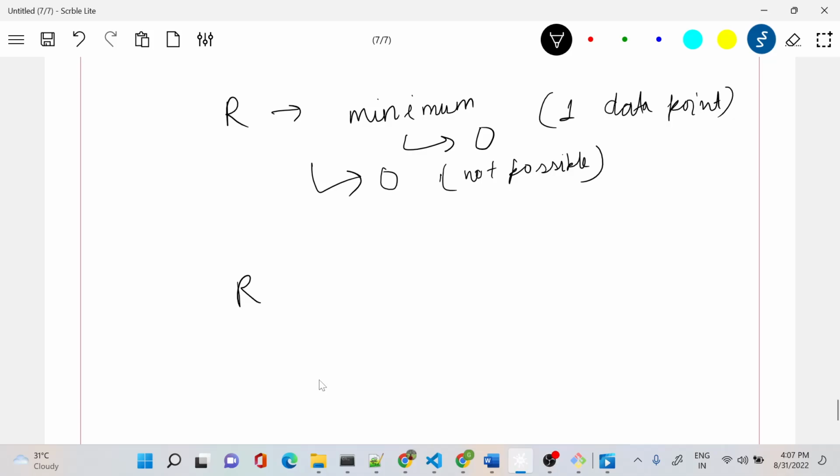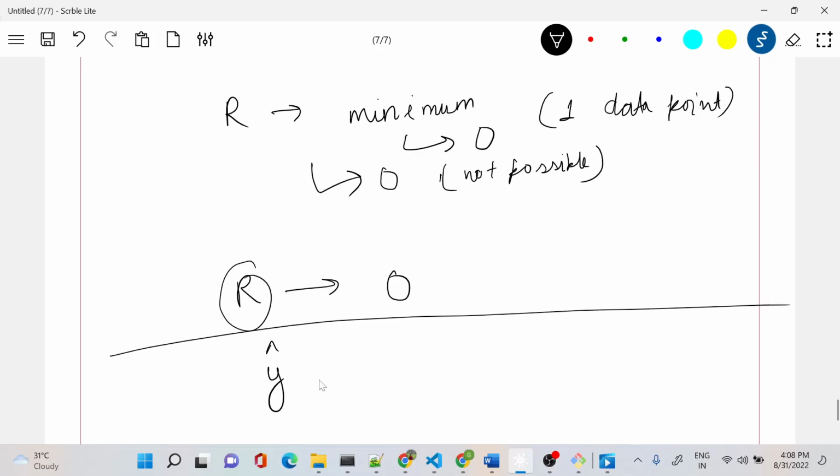No matter how long we run our algorithm for a number of iterations, the R value should tend to 0, as minimum as possible. We will run it to such an extent that our loss term tends to 0, and at the end we'll find the updated y hat, that will be mx plus c.